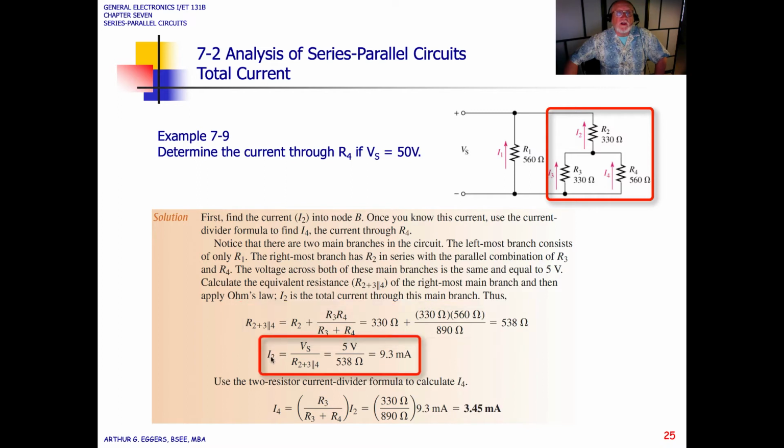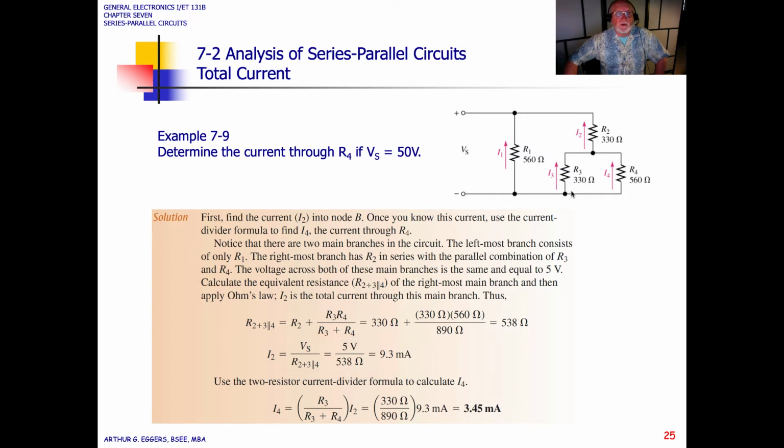So the current I2 is equal to the source voltage over R2 plus the parallel combination of R3 and R4. We have 5 volts divided by 538 ohms, which gives us 9.3 milliamps.